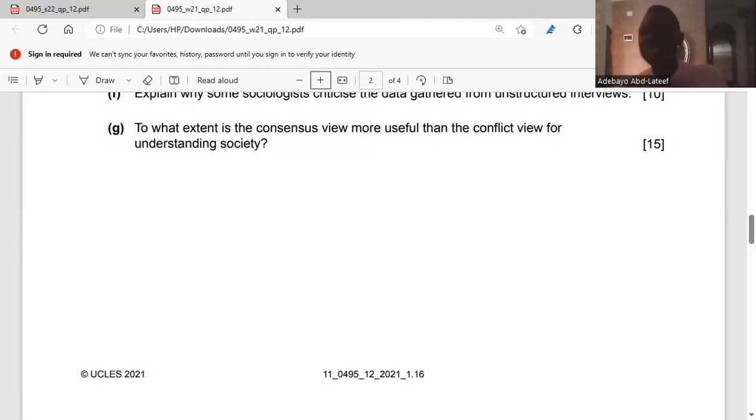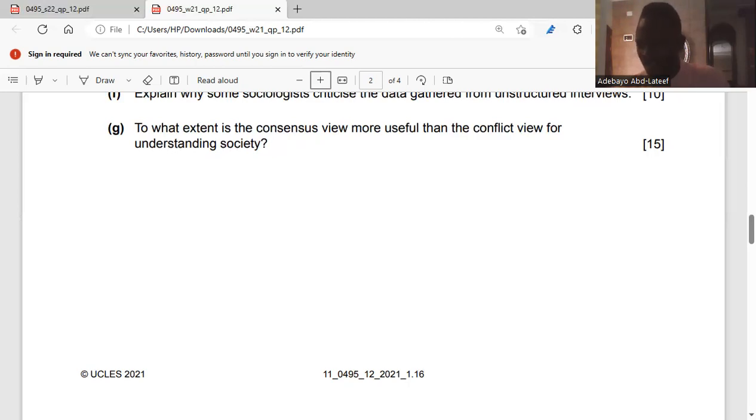In general, society operates with diversity. If society is full of agreement, everybody has different views, but we are able to live together in peace and harmony because we forgo or forget about our differences. That is consensus. The second point I made is about functionalists.